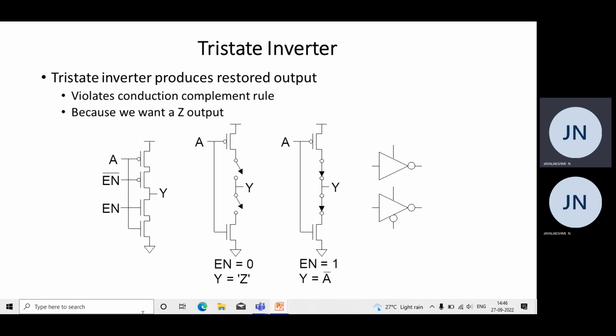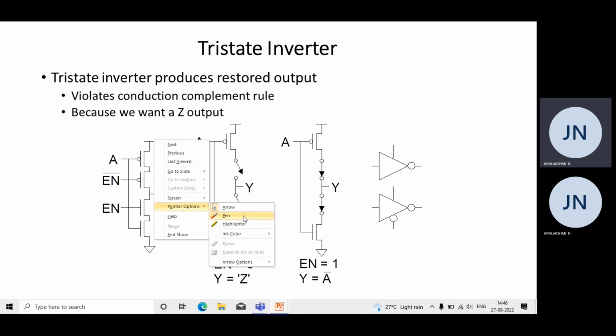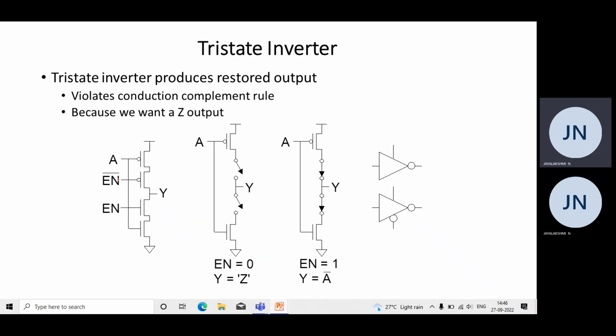Here you can see the first figure. The first figure shows the tri-state inverter. The output is actively driven from VDD to ground, so it is a restoring logic gate.